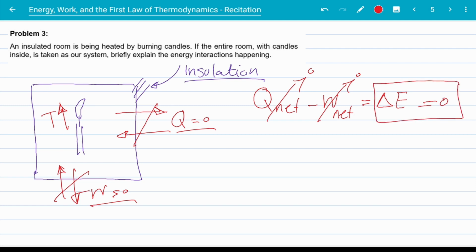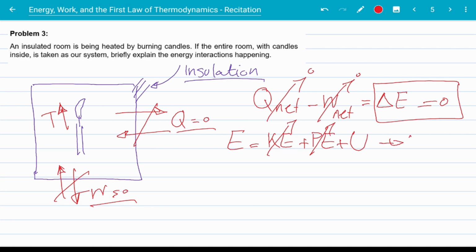So what does that mean? The energy of a system is the summation of kinetic energy plus potential energy plus the internal energy. Now, our room and the candle inside of it does not have any motion, and it doesn't have any change of elevation. So both kinetic energy and potential energy are out of the picture.